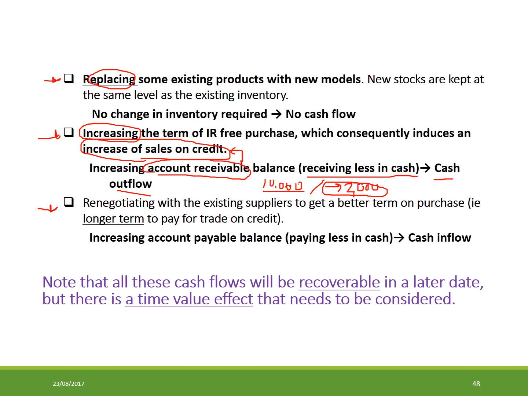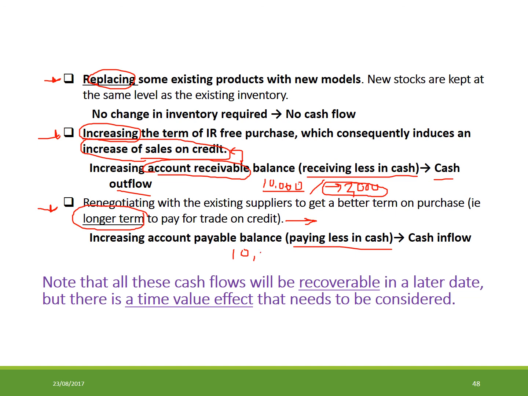Finally, we can renegotiate with the suppliers so that we can have a better term on purchase, right? So basically we can extend the period that we have to pay back on our trade. So this effectively increases our account payables, right? So we buy on credit from our suppliers more. The impact of this on the cash flow is an increase in the cash flow, right?